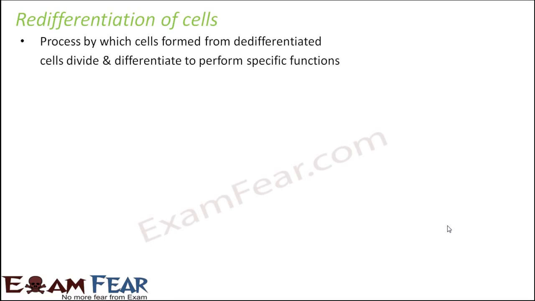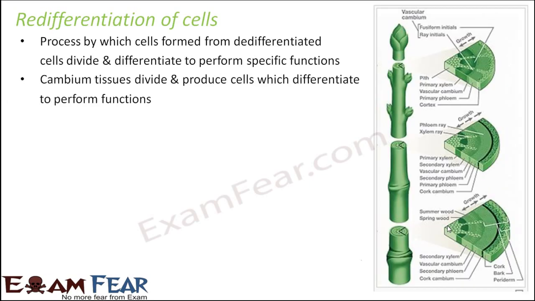They will differentiate to form the cambium, because they want to perform specific functions. They will again re-differentiate to become the vascular cambium and the cork cambium, and then they will give rise to the secondary xylem and the secondary phloem. Again, the cork cambium will give rise to the cork outside and the parenchyma cells inside. That process is known as re-differentiation.